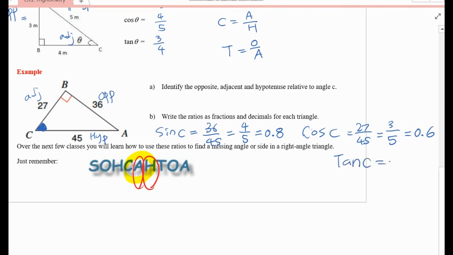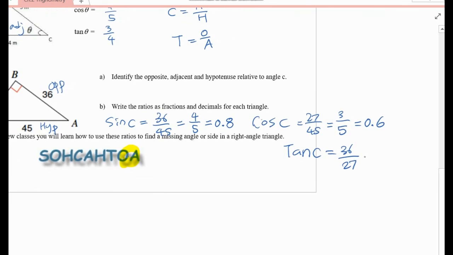Tangent C. TOA, opposite over adjacent. Opposite is 36. Adjacent is 27. Let's divide both by 9. 4 over 3. If you change this to a decimal, that will be 1.3 repeating.